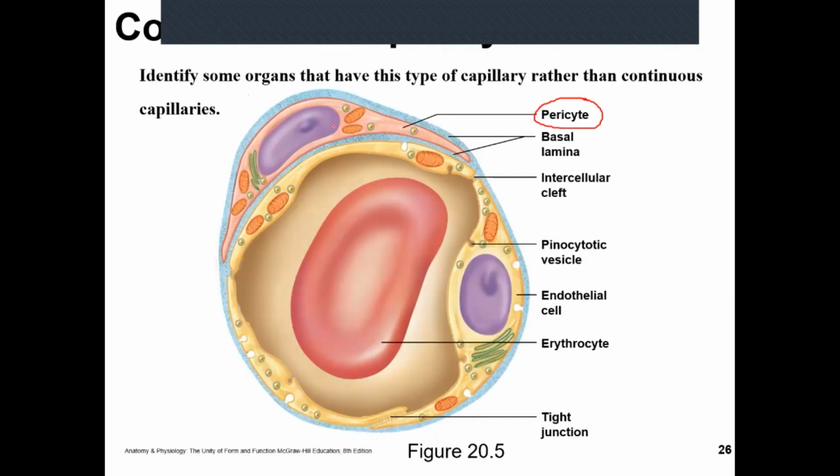This pericyte has, you see something pink, it's muscle tissue, not muscles themselves, some muscle fibers. And these muscle fibers in the pericyte can contract this capillary. You see, we haven't a muscle layer, but we have muscle fibers inside the pericyte that can contract the capillaries. Okay, this is also important.